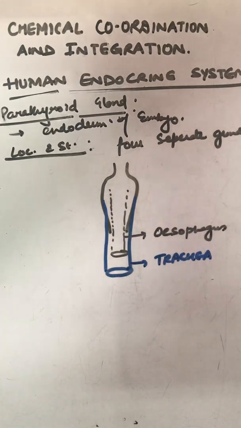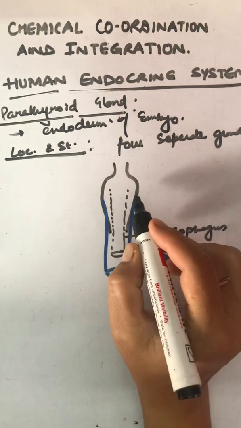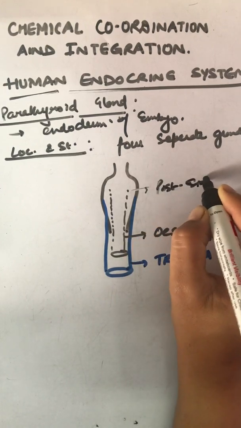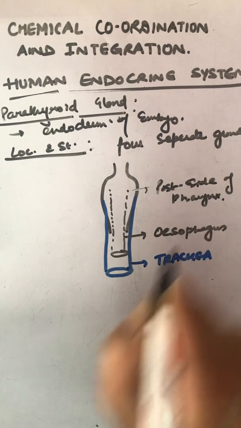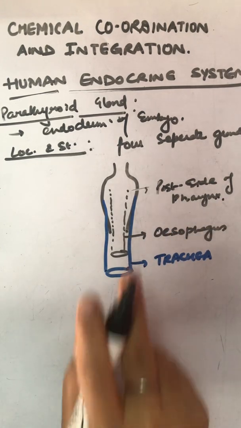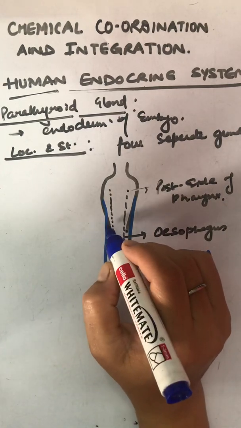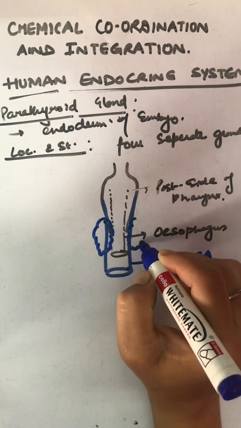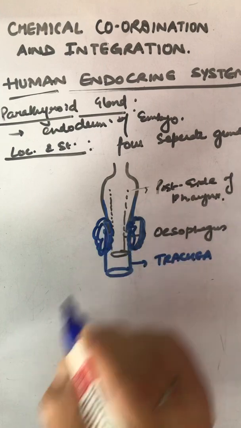So we are showing lobular structure. This is the posterior side of pharynx. This is not the body and the neck. Posterior side of pharynx. Clear? Now here, these are the units. These 2 glands that I am drawing, this is thyroid gland.